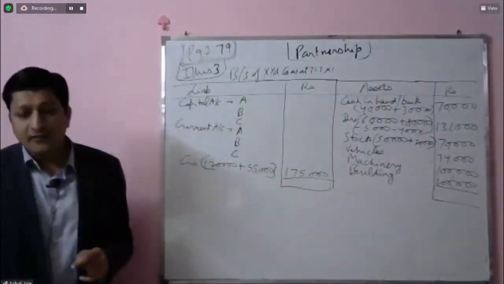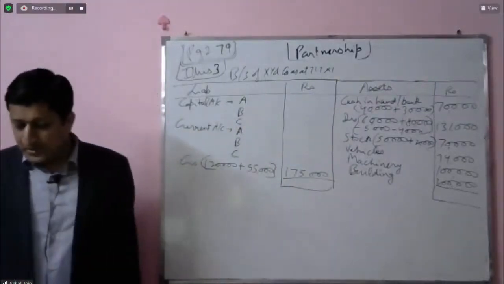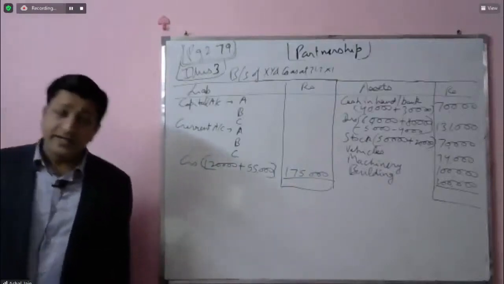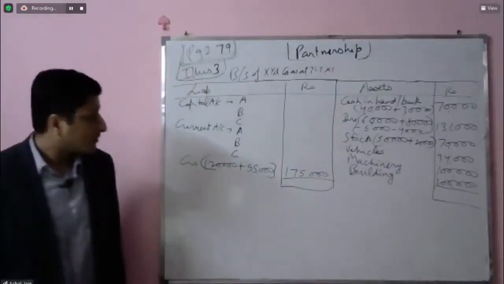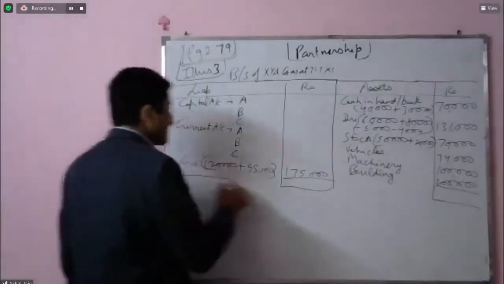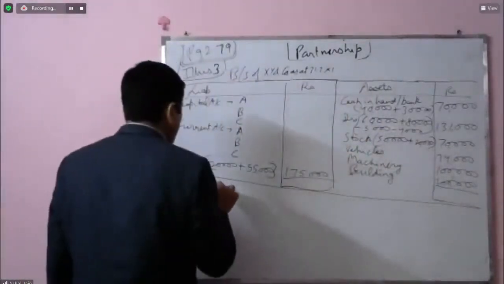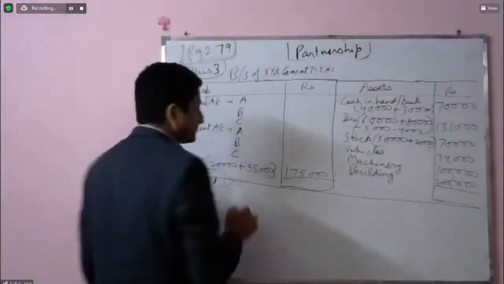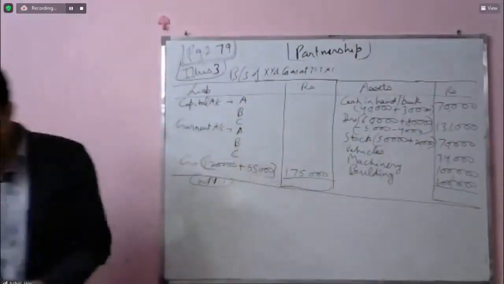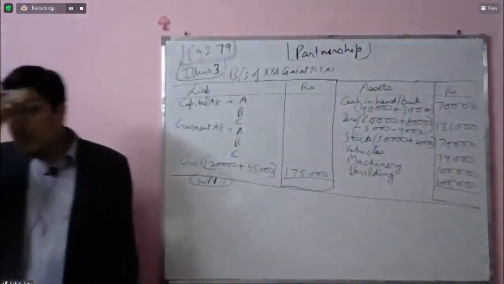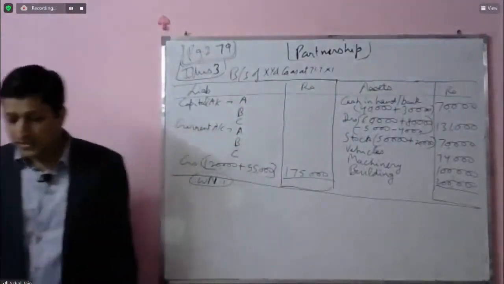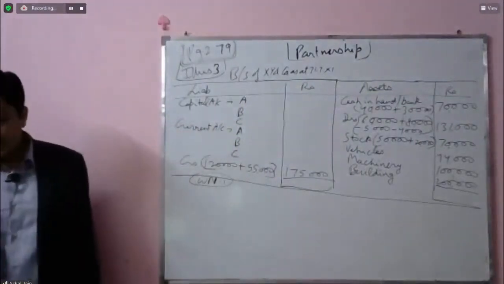For this, we will need to get to the working notes. I'll use this space for the working note. So working note number 1, required for the computation of capital accounts.